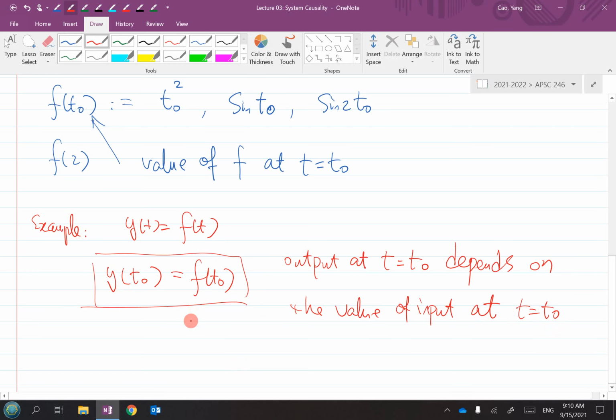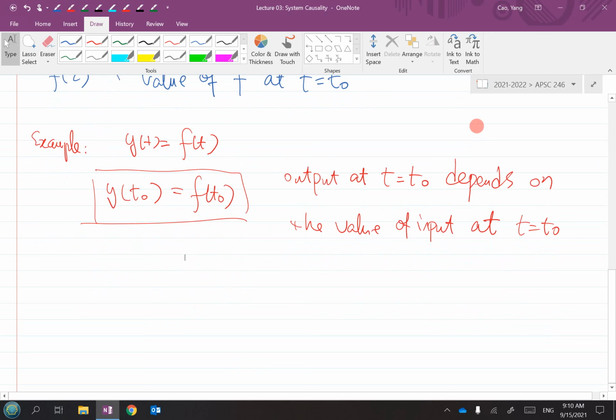So let's see if I give you a slightly different example. Let's call this example 1 and example 2. Oh, actually, before I move on to example 2, look at example number 1. Now you go back to the definition. What would be your conclusion for the current system?